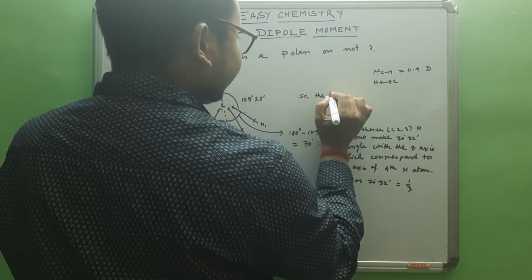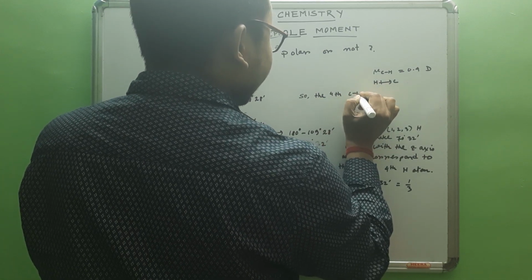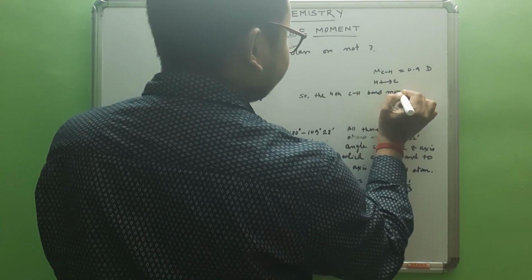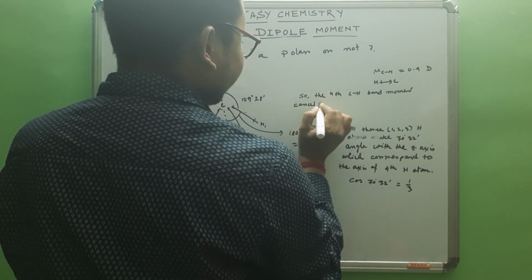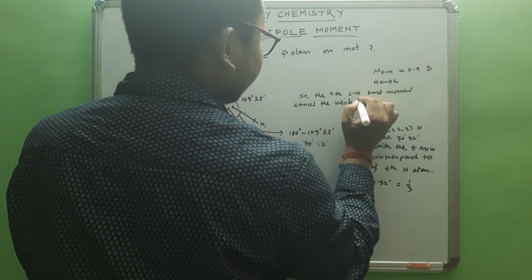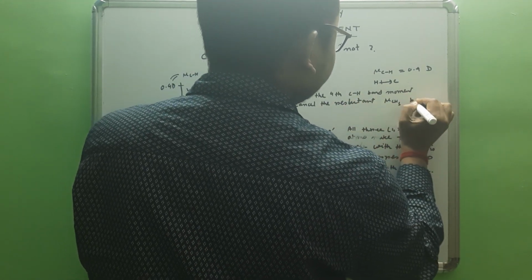the fourth carbon hydrogen bond moment cancels the resultant mu CH3 bond moment.